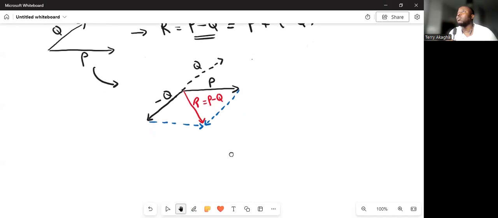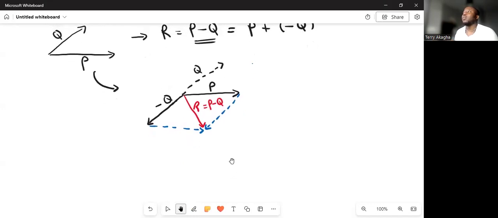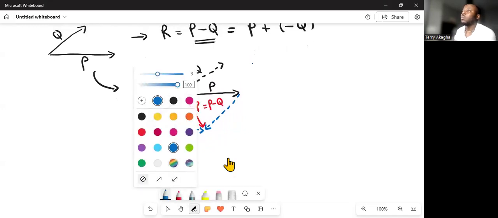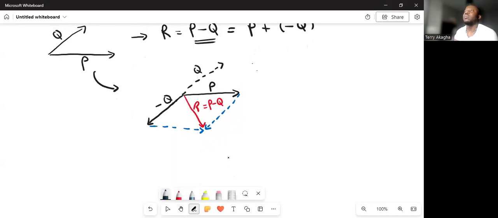So if it's Q minus P that we're asked to find, Q is going to remain the same, but P is going to be what? Flipped. So we're looking for R to be equal to Q minus P, which is the same thing as saying Q plus minus P. Are you seeing it?